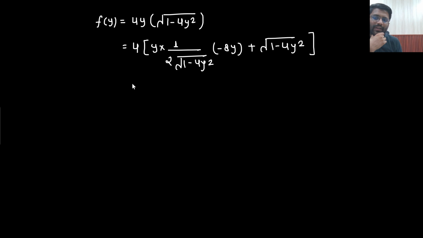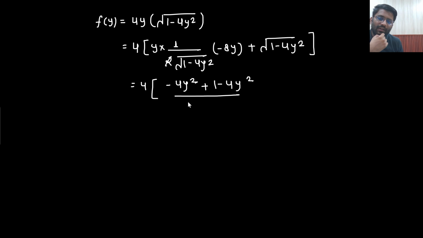What you are getting: 4 is outside, which we don't care, minus 4y square on the upper side, and downward it is under root 1 minus 4y square.